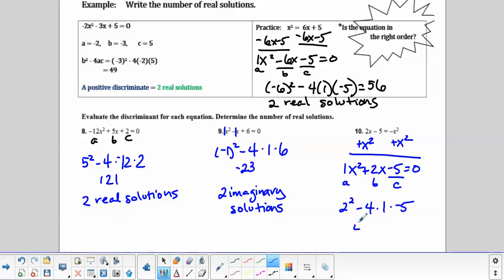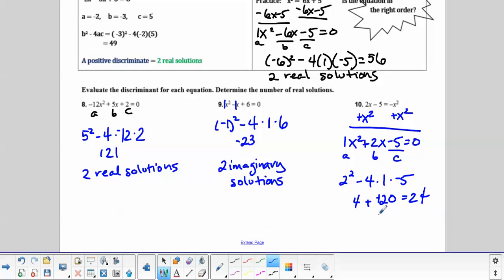So 2 squared is 4 minus negative 20. Minus negative makes plus, so I get a positive 24. And because this is positive, I know that there are 2 real solutions.